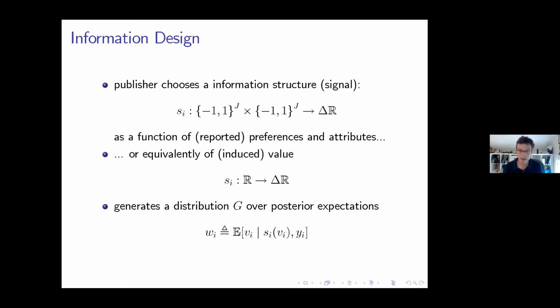That's why he will also get from the seller a signal that allows him to further refine his estimate about the underlying value, and we're going to call that the WI. And so the question of the information design is basically, how do we want to choose the signal structure so as to influence the posterior expectation of the bidder, and with that, the distribution of bids by the bidders.